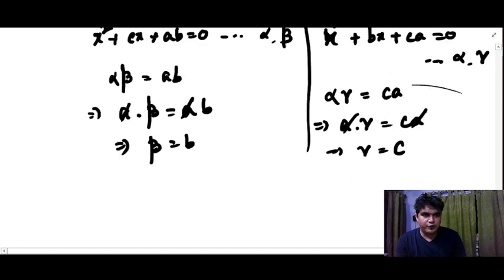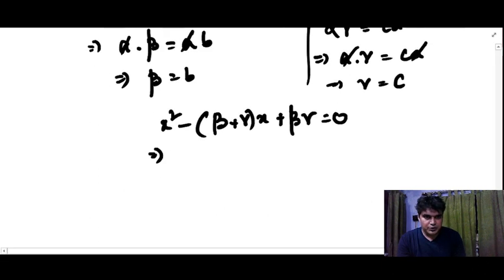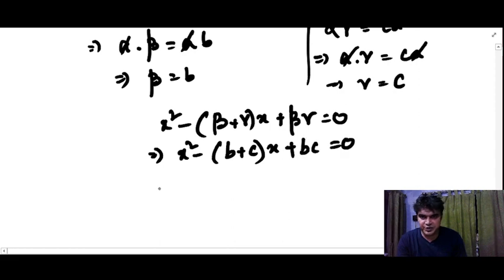Now we are going to form one equation with these particular roots, beta and gamma. So the equation will be x square minus beta plus gamma into x plus beta gamma, that is equals to 0, right? That would be our equation. So here x square minus, the value of beta is equals to b, value of gamma is equals to c, minus b plus c into x plus beta gamma, that means b into c, equals to 0, right?